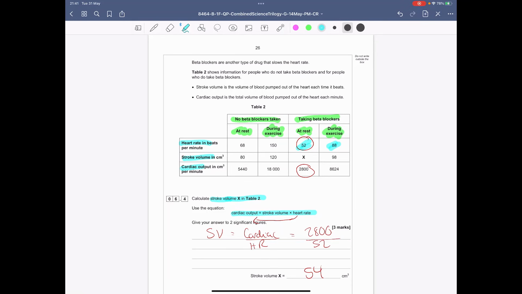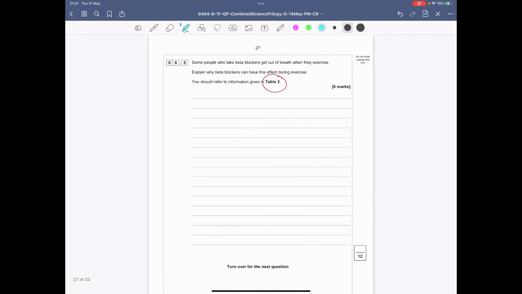It then reduces your stroke volume, and then it reduces your cardiac output. So taking beta blockers is reducing your heart rate, the amount of blood pumped in your stroke volume, and therefore the total amount of blood pumped out each minute. So it has negative effects on your blood flow.